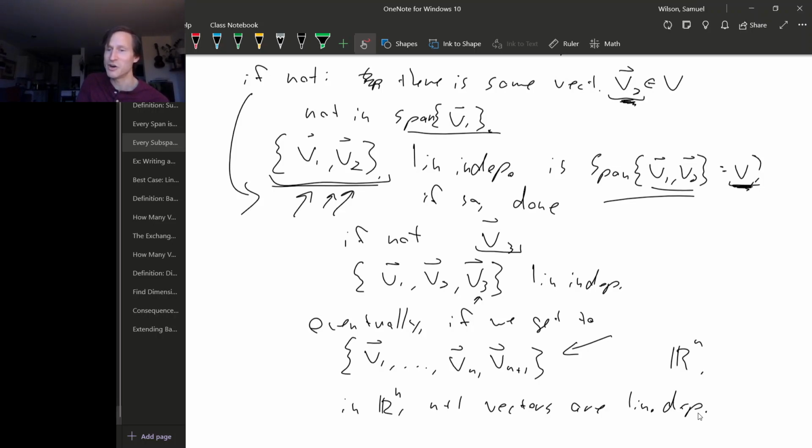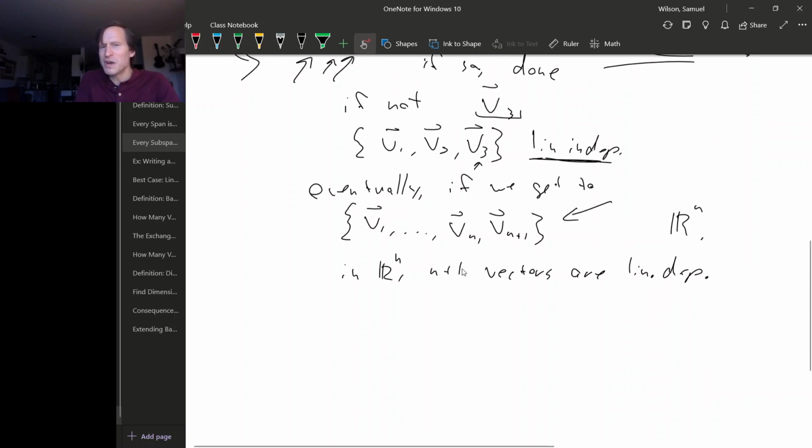That's something that we know from before. So this stepwise process always produces linearly independent vectors. But if we got to the n plus first step, we would have linearly dependent vectors. That means we never actually get this far. So this process of adding more and more vectors has to stop before we get to the n plus first step. And that means this stepwise process can only take finitely many steps.